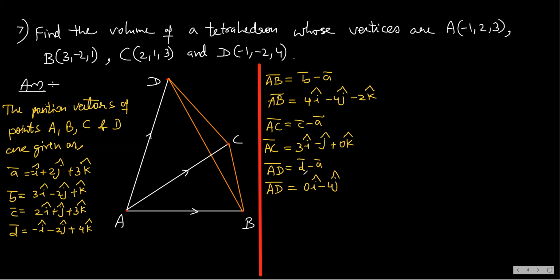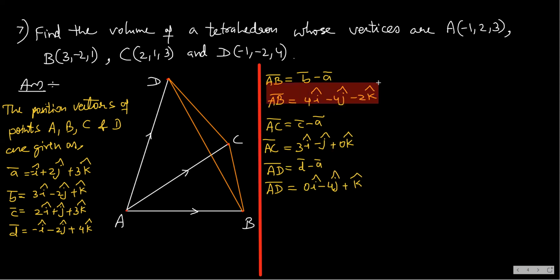It is minus A bar, so all the signs here are changing. Then you have 4K cap minus 3K cap, that is equal to plus K cap. You got a single K cap. So now you have all the three coterminous edges.